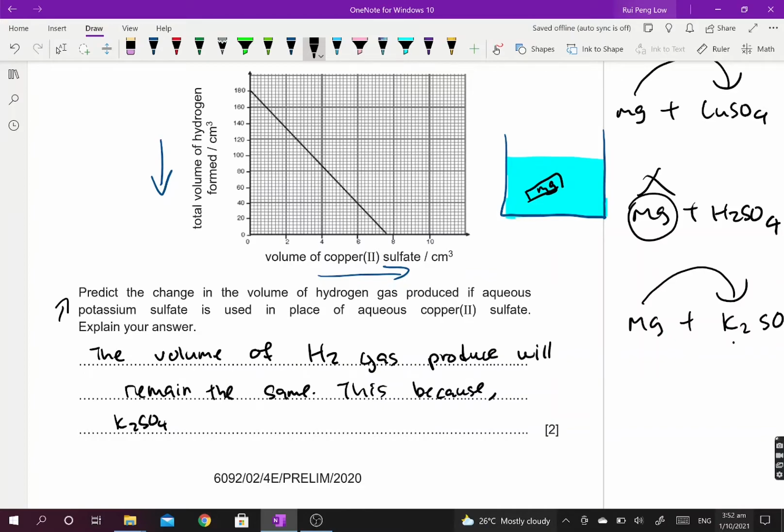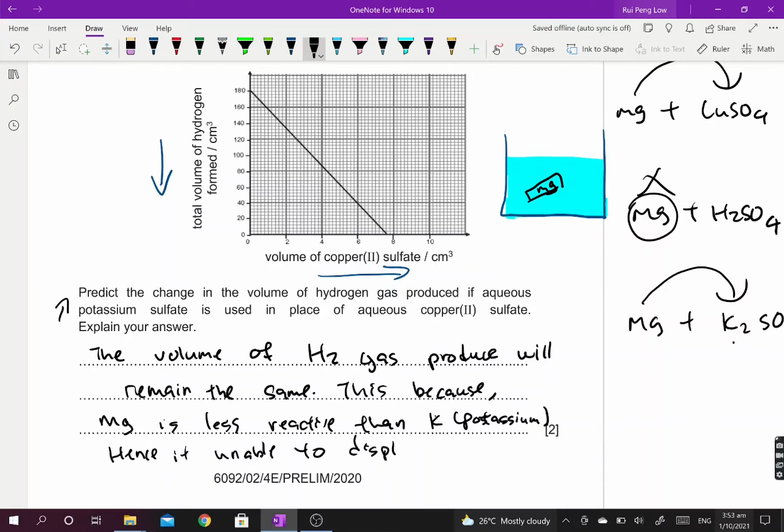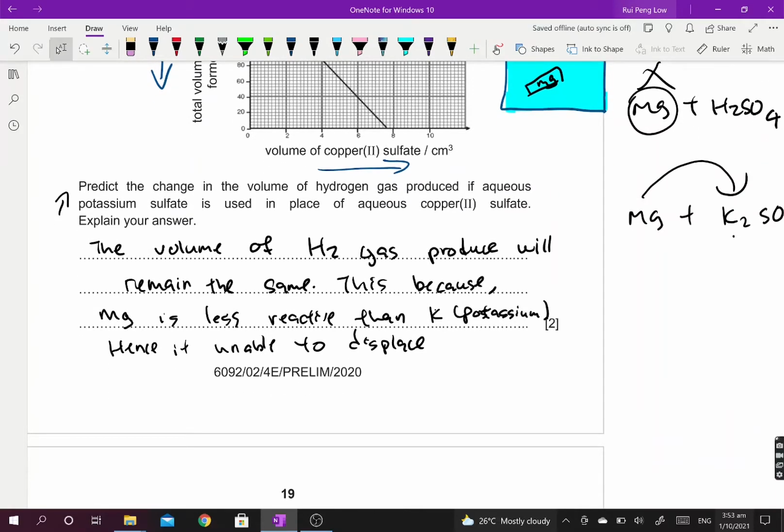This is because magnesium is less reactive than potassium. Hence it is unable to displace K2SO4.